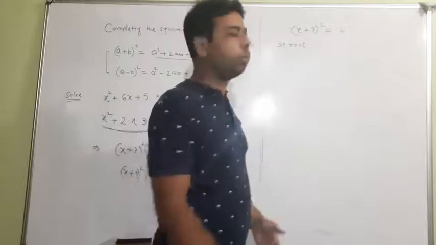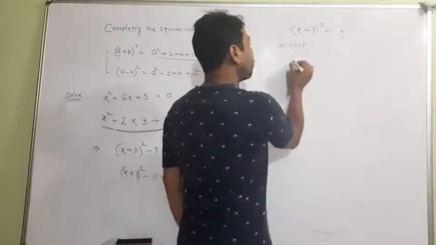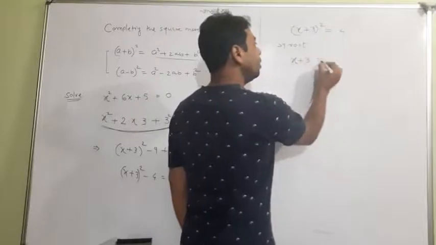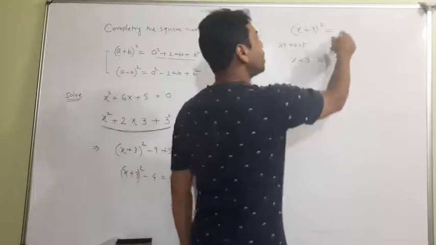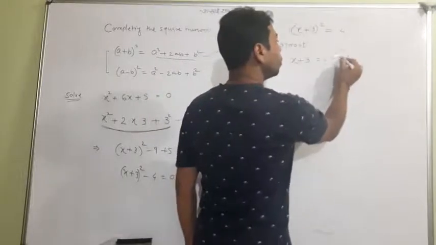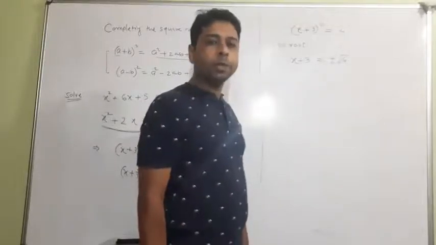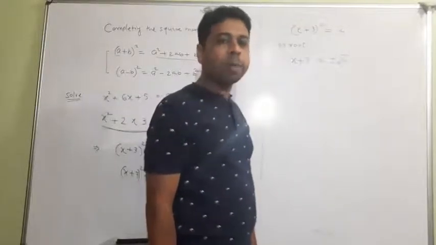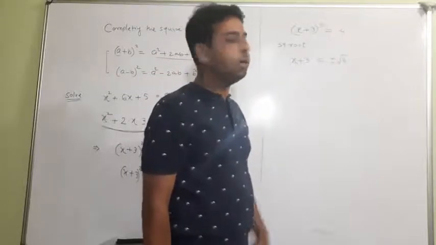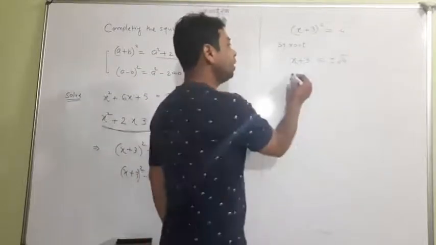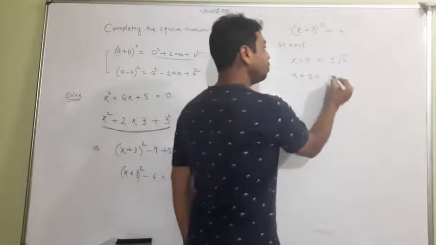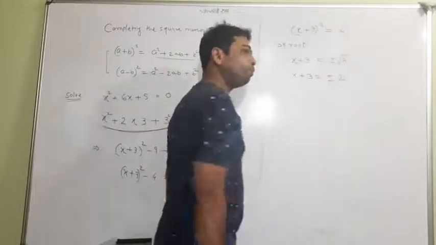So after taking the square root, x plus 3, the square will move and this time it will be plus minus root 4, and I have already given you the knowledge about that. Whenever you take a square root, you just have to go with the plus and minus sign with the square root sign, and then x plus 3 will be plus minus 2.